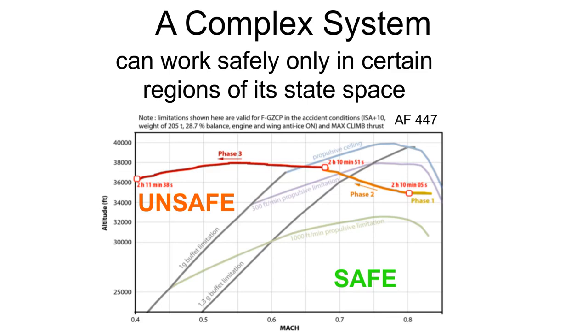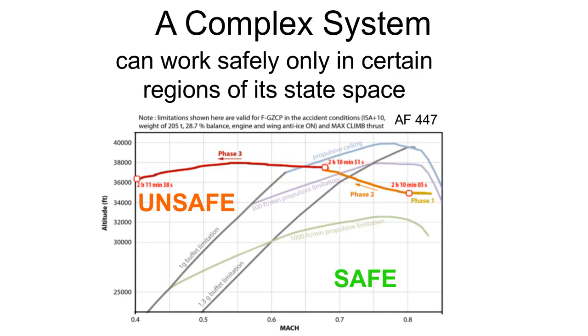If the aircraft is getting too slow, then the aircraft is stalling and very quickly descending or crashing. Here on this chart you can see the red line.